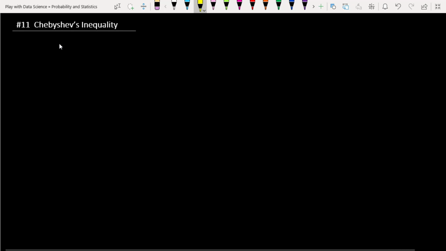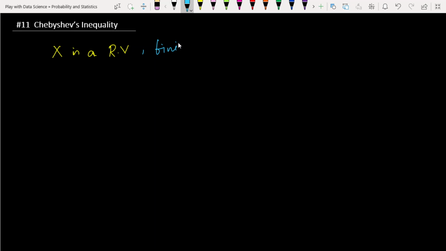Let's take X as a random variable, and this random variable has a finite mean. Let's take this finite mean as mu, and it's non-zero, and also a finite standard deviation.